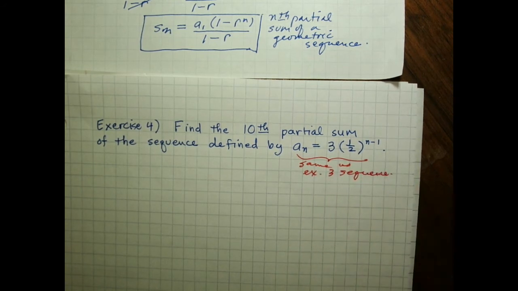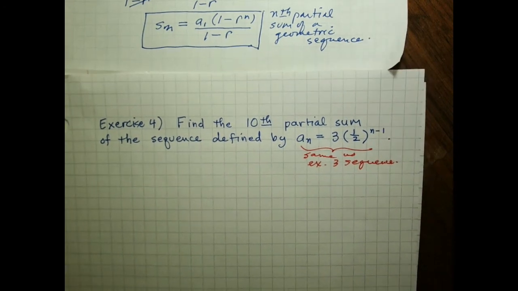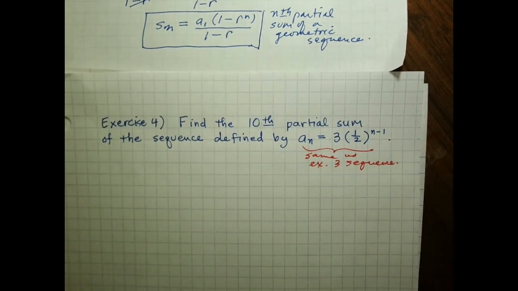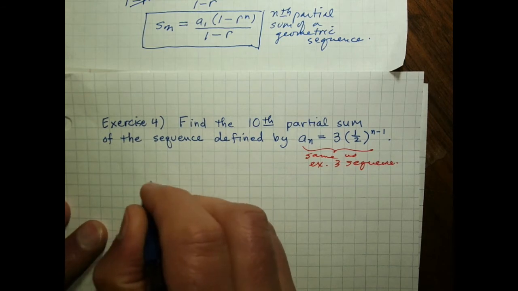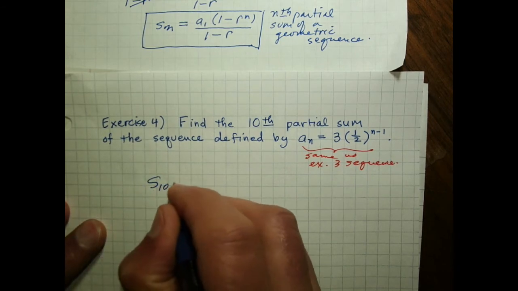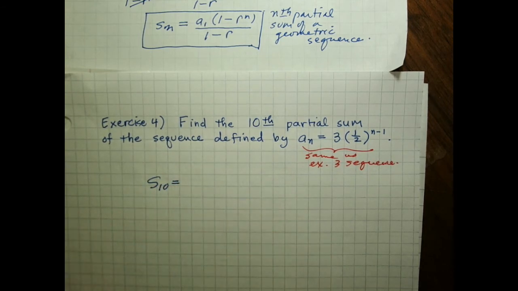You could do this by hand if you really wanted to, but for the 10th partial sum, it's not that much fun to write out 10 terms and figure out all those fractions. It was kind of a fraction mess just to get 4.